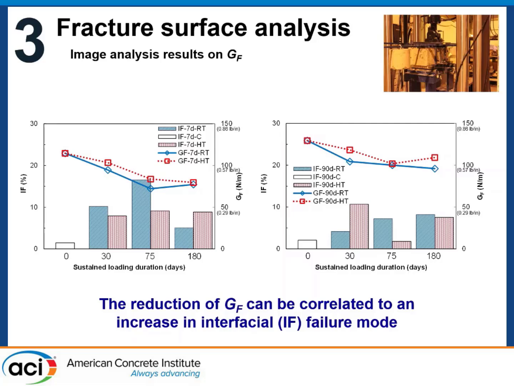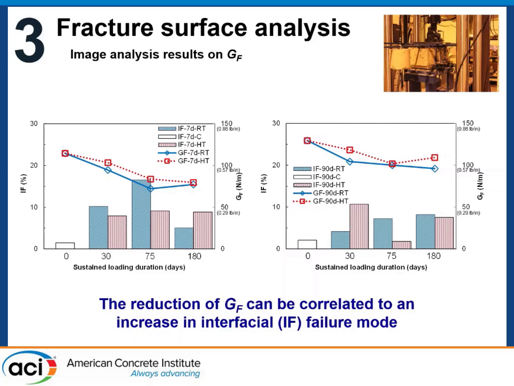So for all these specimens, analyzing the fracture surfaces and identifying how much area of the fracture surface corresponds to interfacial failure, we can see a very nice correlation that shows that indeed, as you were seeing the global behavioral changes in fracture energy, it corresponded to a decrease in your interfacial failure surfaces.